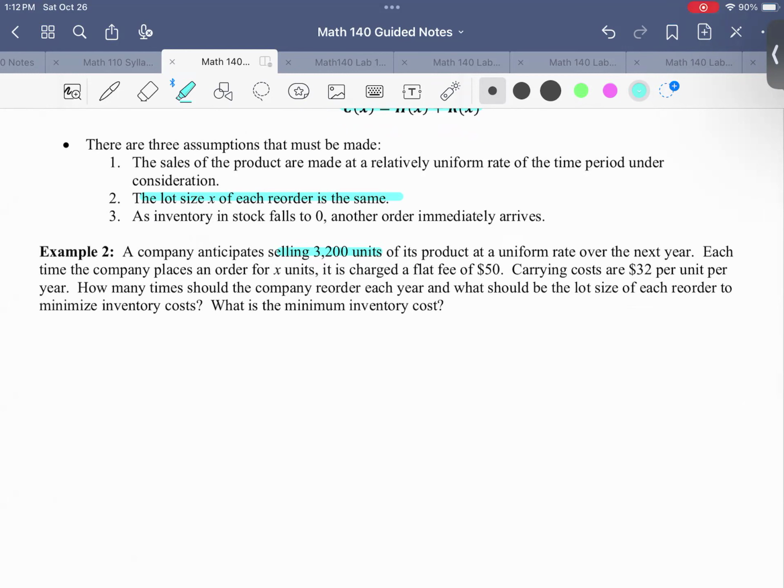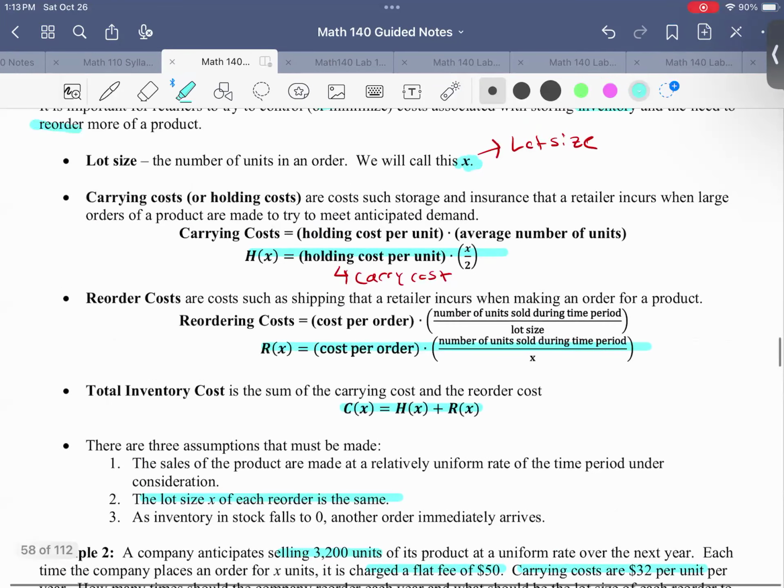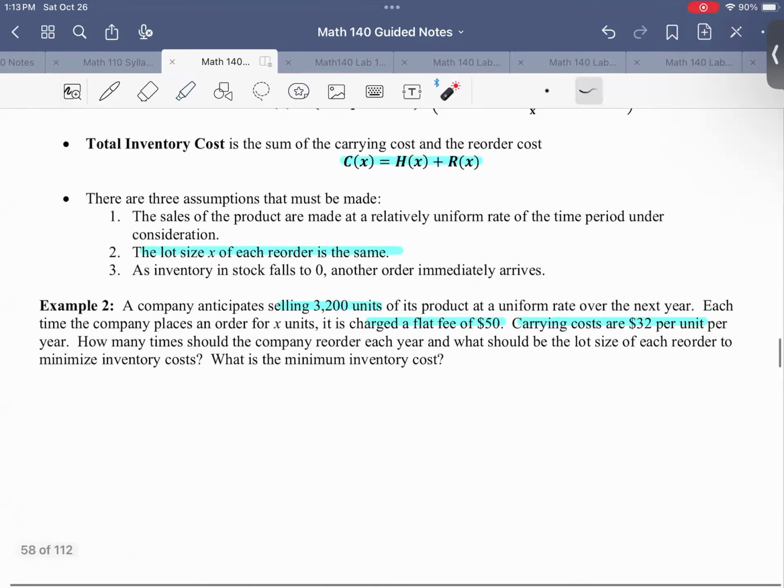Each time the company places an order of X units, it is charged a fee of $50. Okay. So carrying costs are $32 per unit per year. So remember what I said about the holding costs? It can also be stated as carrying costs.